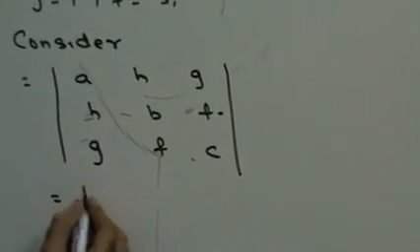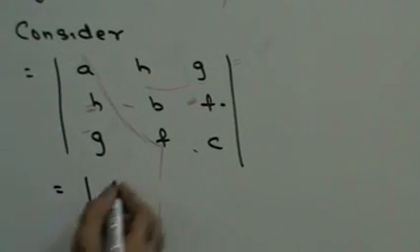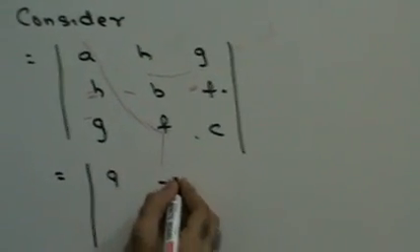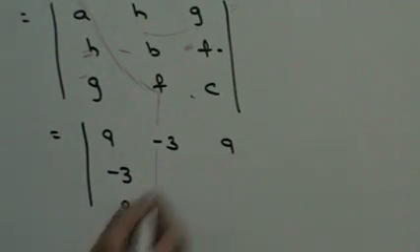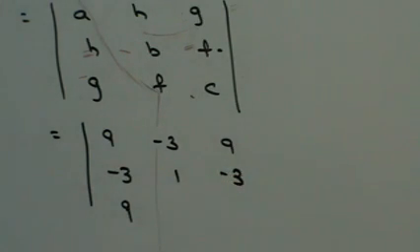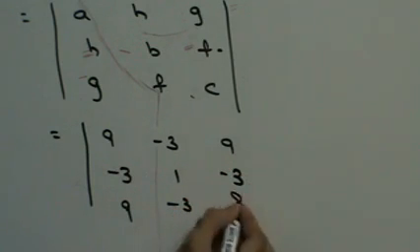Let's find this out. We have found out a is 9, h is minus 3, g is 9, h is minus 3, b is 1, f is minus 3, g is 9, f is minus 3 and c is 8.